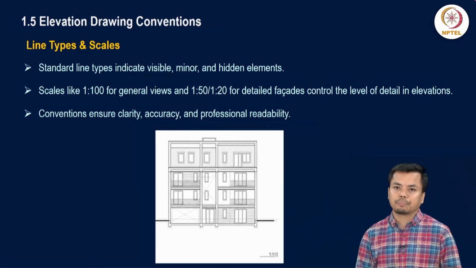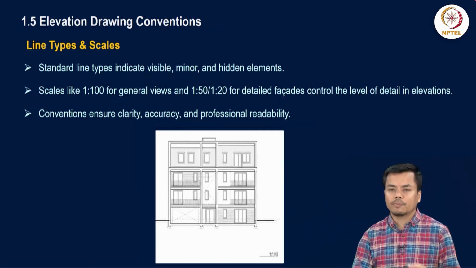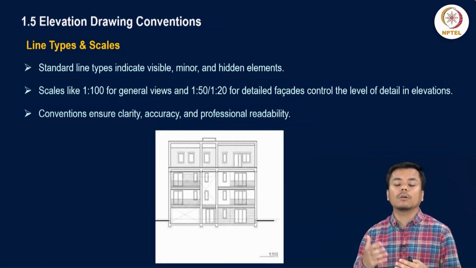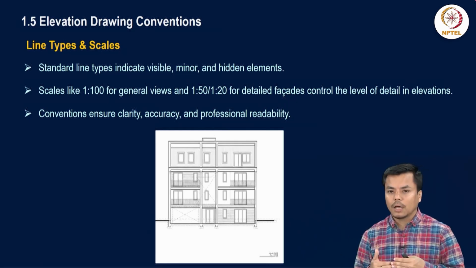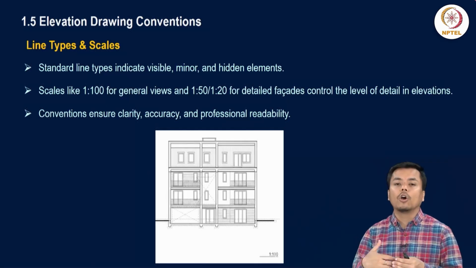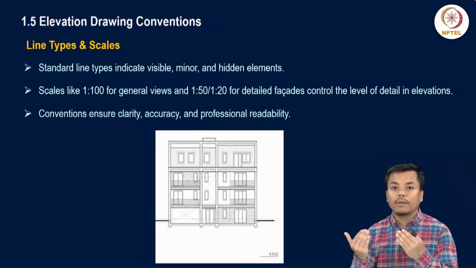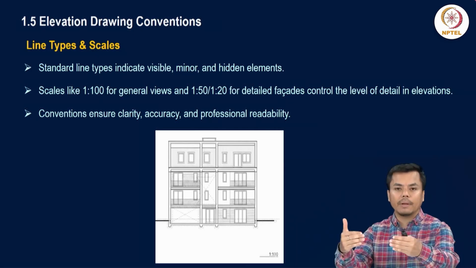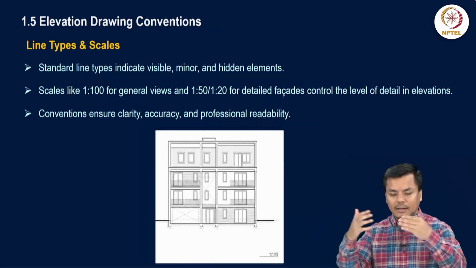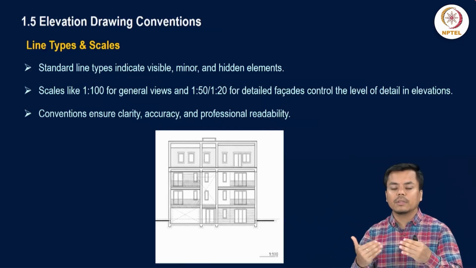The next aspect to be kept in mind is line type and scale. You know that something which is very near to the viewpoint will always be bold and very clearly seen, but the things which are behind will be lighter and will not be seen with that much clarity.